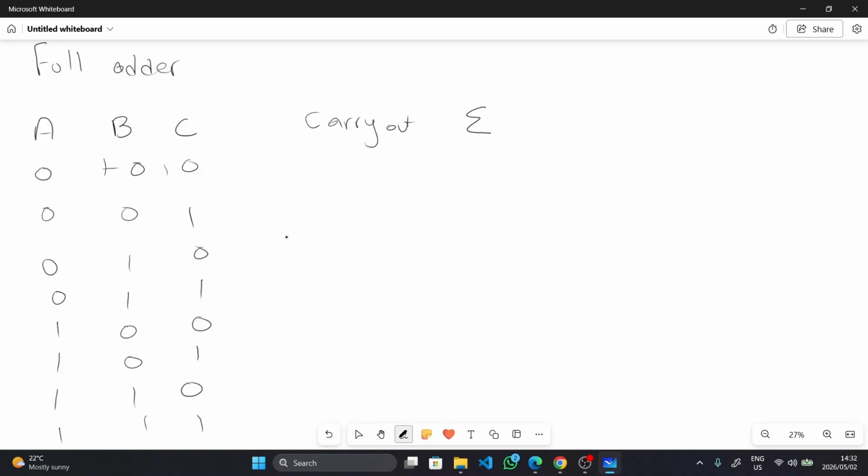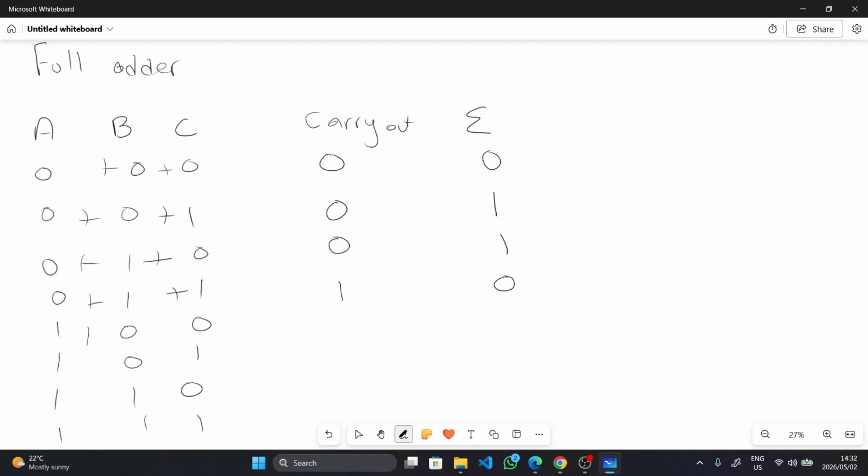If you add these three numbers, in this case 0 plus 0 plus 0, our carry is 0, our sum is 0. 0 plus 0 plus 1, our carry is 0, sum is 1. 0 plus 1 plus 0, still carry is 0, sum is 1. Then 0 plus 1 plus 1, carry 1, sum is 0.